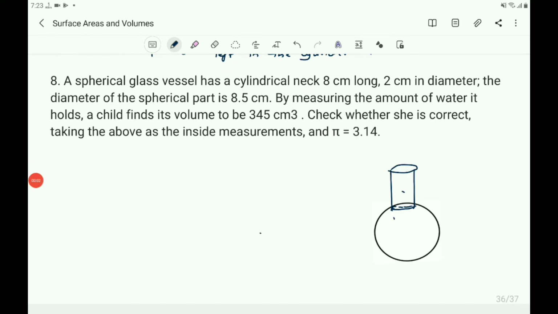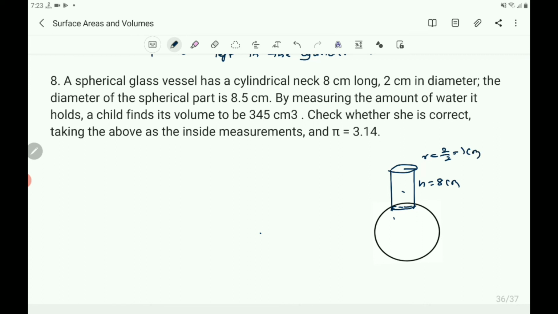So it is a spherical glass vessel, has a cylindrical neck, and its neck is 8 cm long and 2 cm in diameter. So let us consider the neck length, that is the cylindrical height, h equals 8 cm, and its radius is 2 by 2, that is 1 cm.